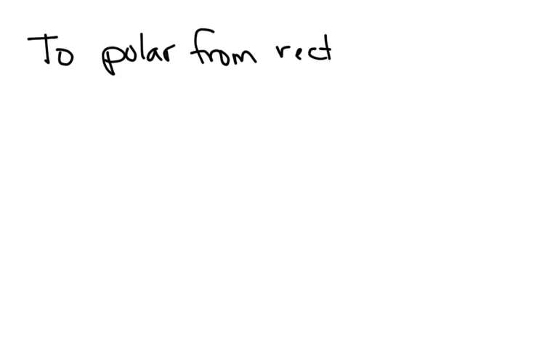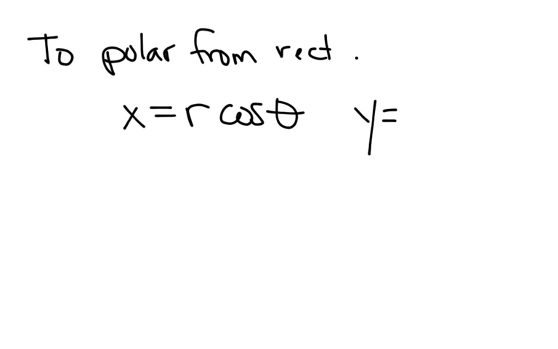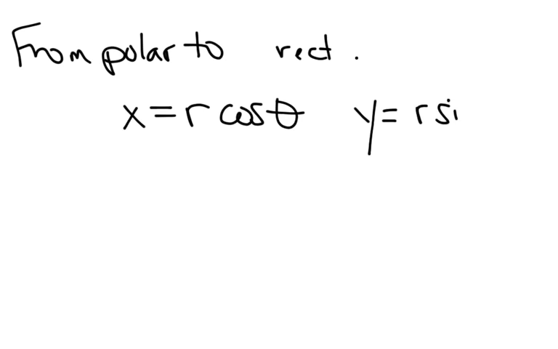We also talked about a relationship between polar and rectangular coordinates. Going from polar to rectangular, the x coordinate is r cosine theta, and the y coordinate would be r sine theta.